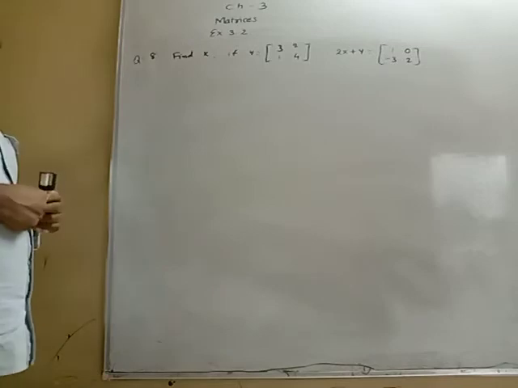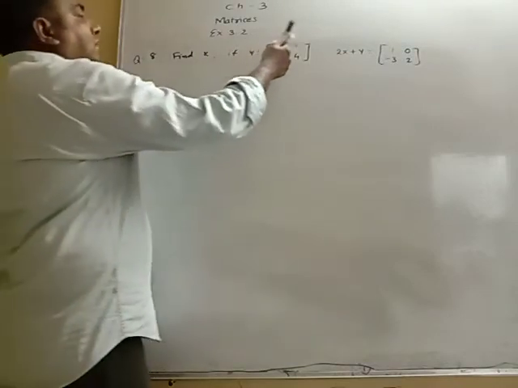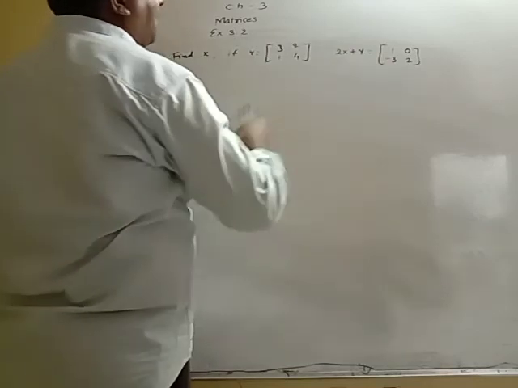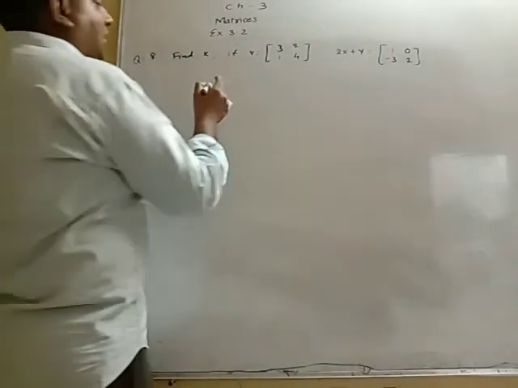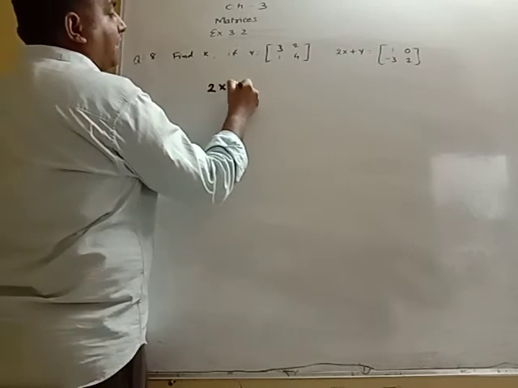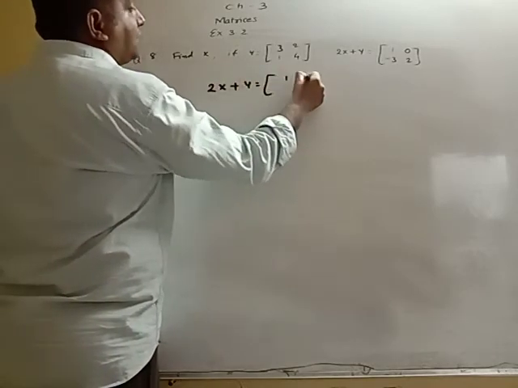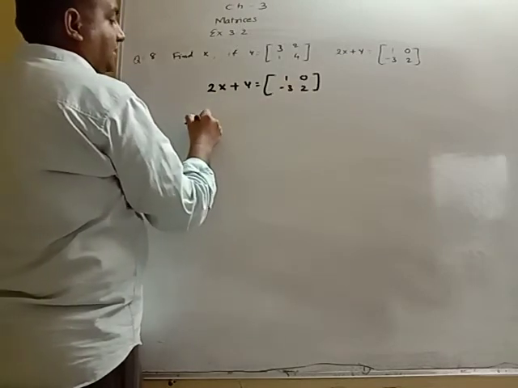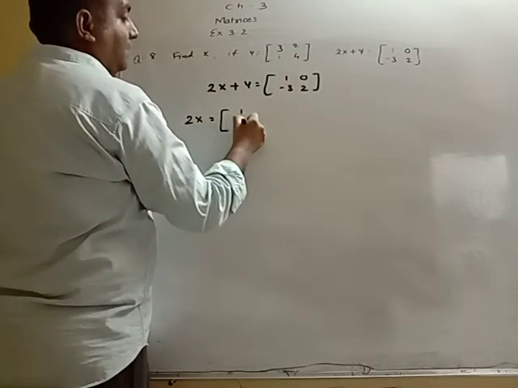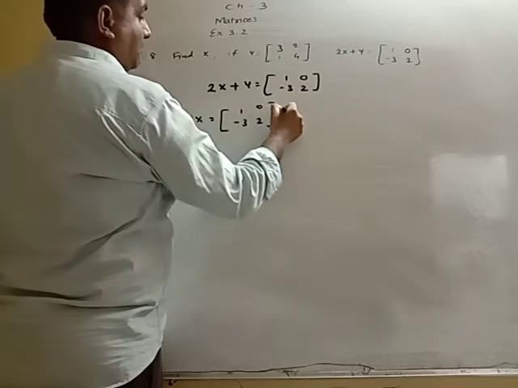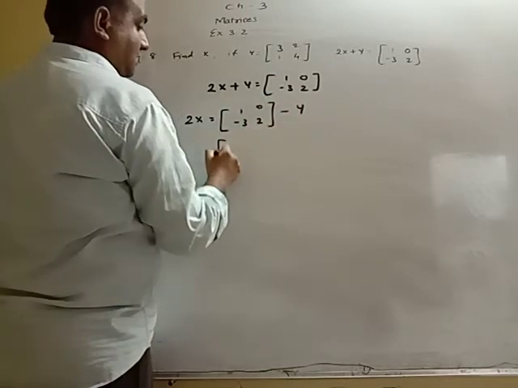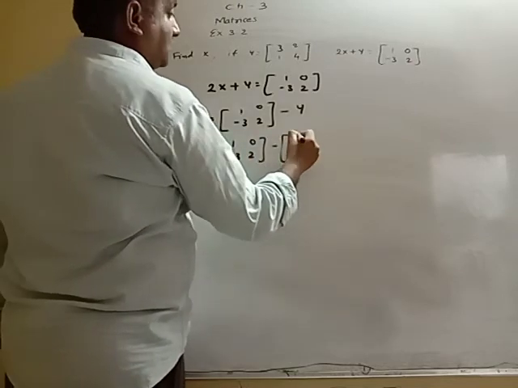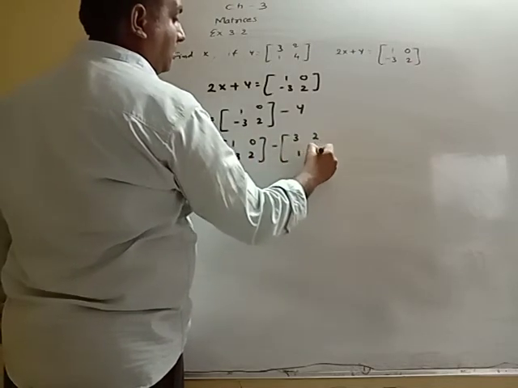Now we have question number 8. Y equals 3214, 2x plus y equals 1 minus 302, then find x. So here 2x plus y equals 1 0 minus 3 2. And so 2x equals 10 minus 32 minus 3214.